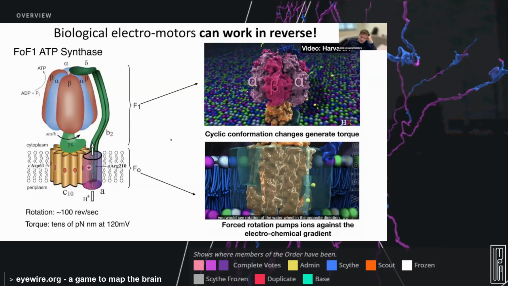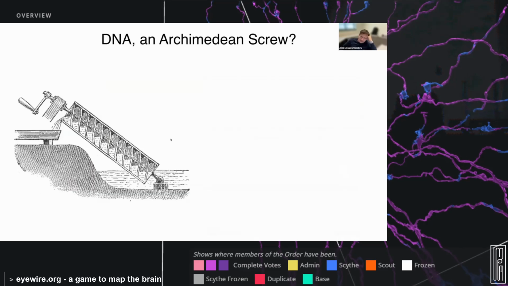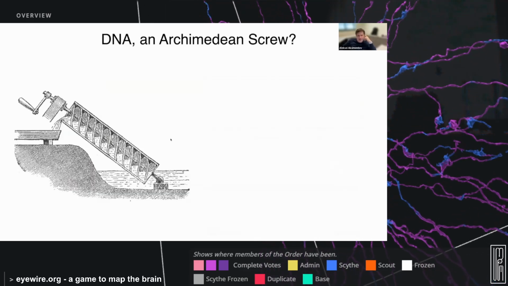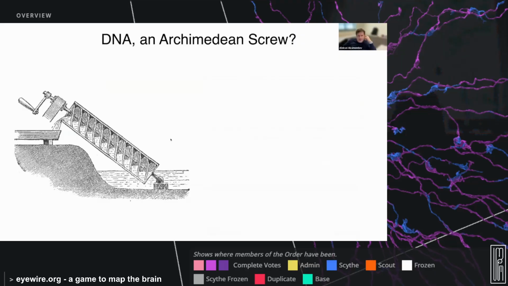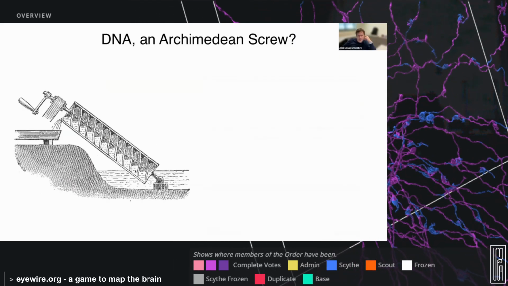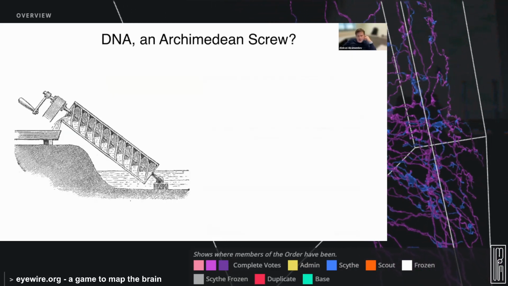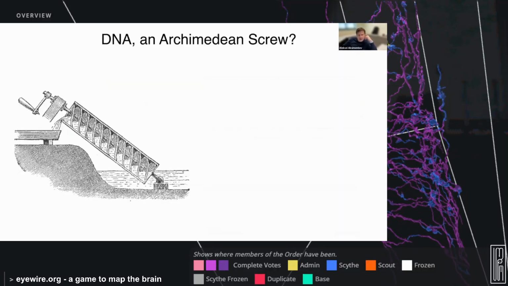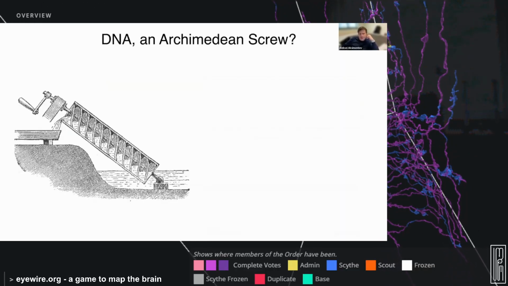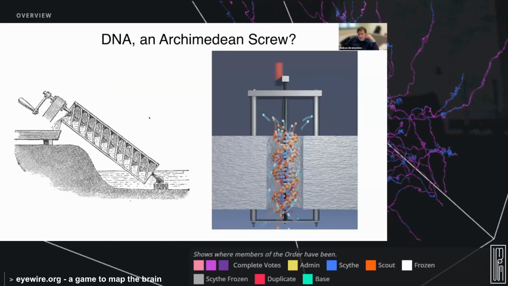So we're wondering if maybe our DNA is like that. In fact, could DNA be an Archimedean screw? An Archimedean screw is this ancient device that people used to transport water against gradients. You have some kind of spiral system. You crank it, and then you get water flux. So here's an impression of how it would look.